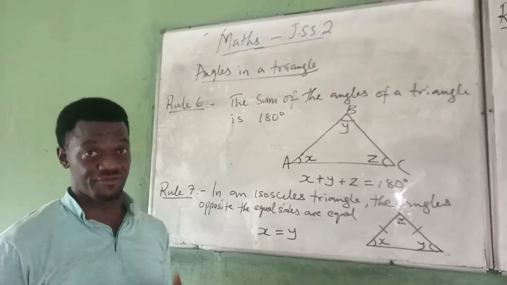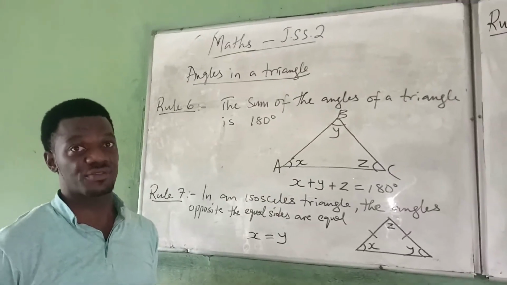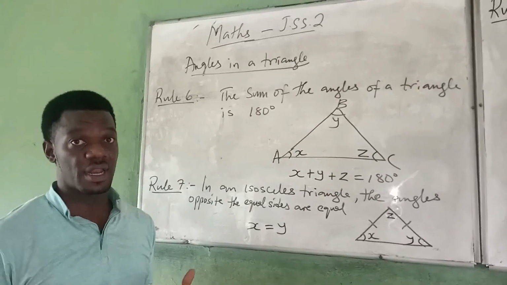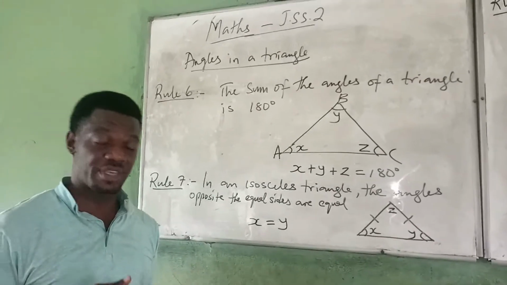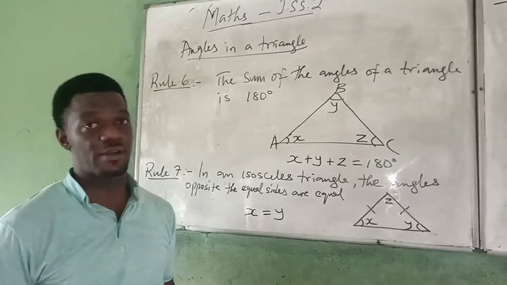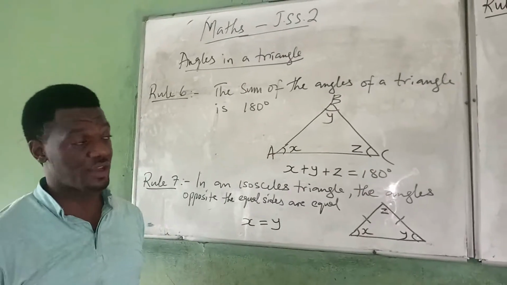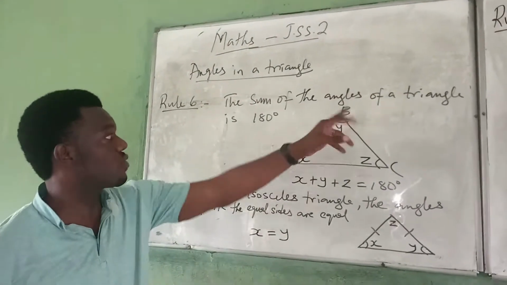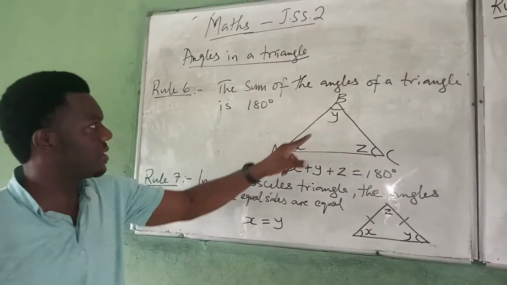A triangle is made up of 3 angles, and the sum of the 3 angles... Now, there are 4 types of triangle: be it an isosceles triangle, an equilateral triangle, a scalene triangle, or even a right angle triangle. When you sum the angles together, it will be equal to 180 degrees.